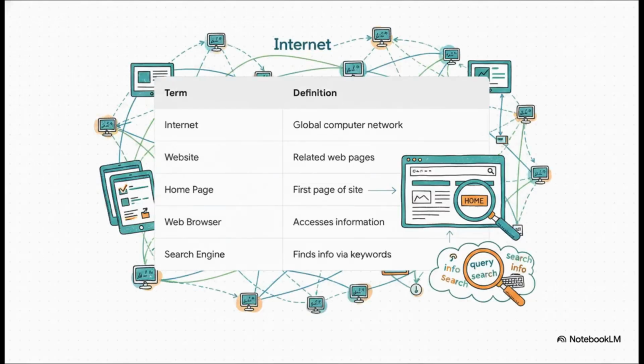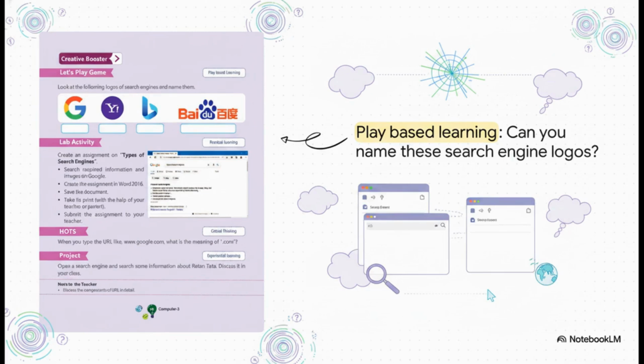For the column matching, this is a perfect one-to-one recap. The Internet matches up with a global network, a website is a collection of web pages, the home page is your start page, the browser is how you access it all, and the search engine is your trusty tool for finding things with keywords. Let's wrap up the exercises with a quick visual game.